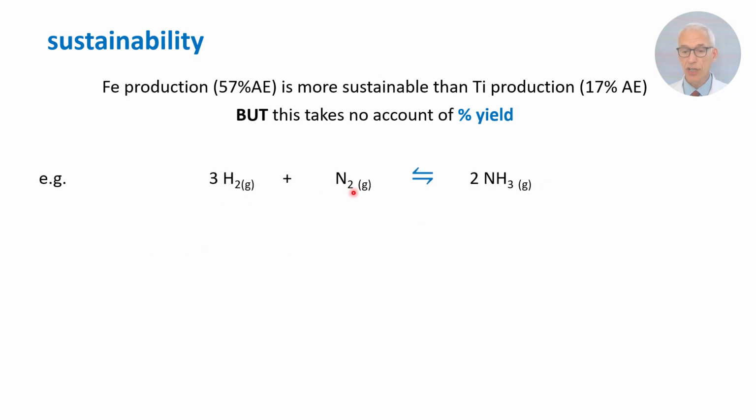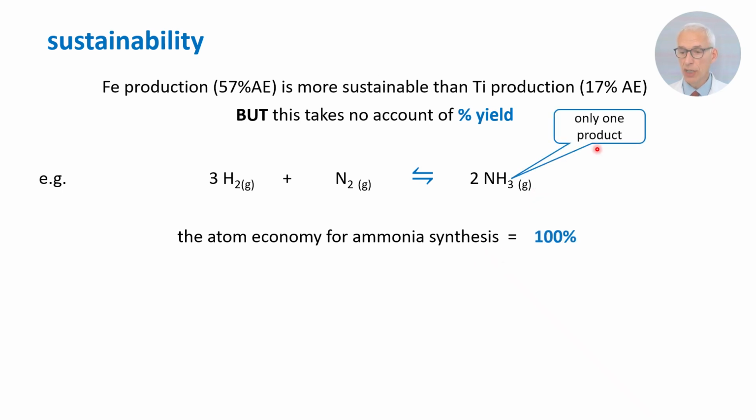3 hydrogens and nitrogen go to make 2 ammonias. Well, the percentage atom economy for this synthesis is 100%. It must be the case because there's only one product. There are no waste products at all. So atom economy 100%. That would indicate, oh, it's very sustainable.